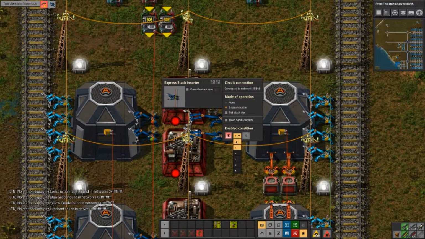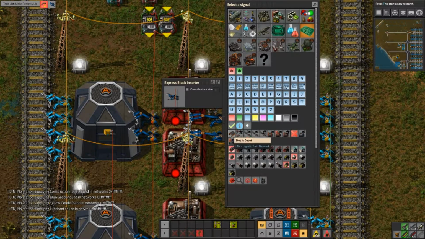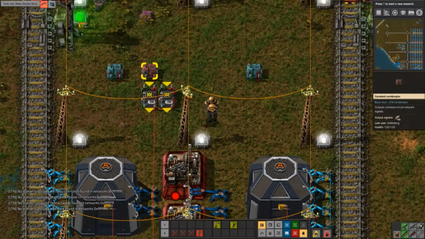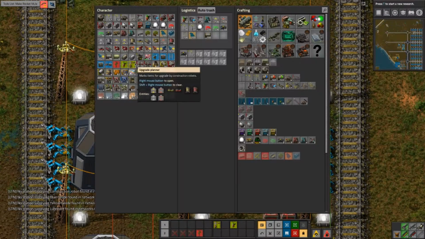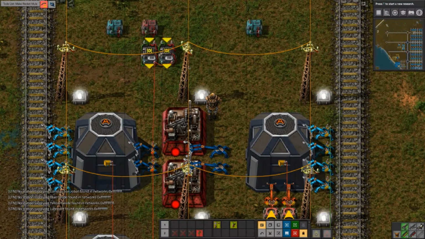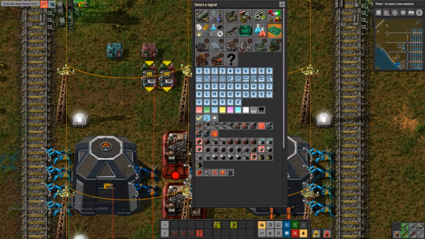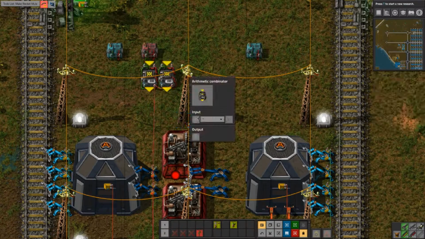And you're only active if the green one is higher than 1. Then, oh yes, this will work probably. You output the red signal and you output the green signal.